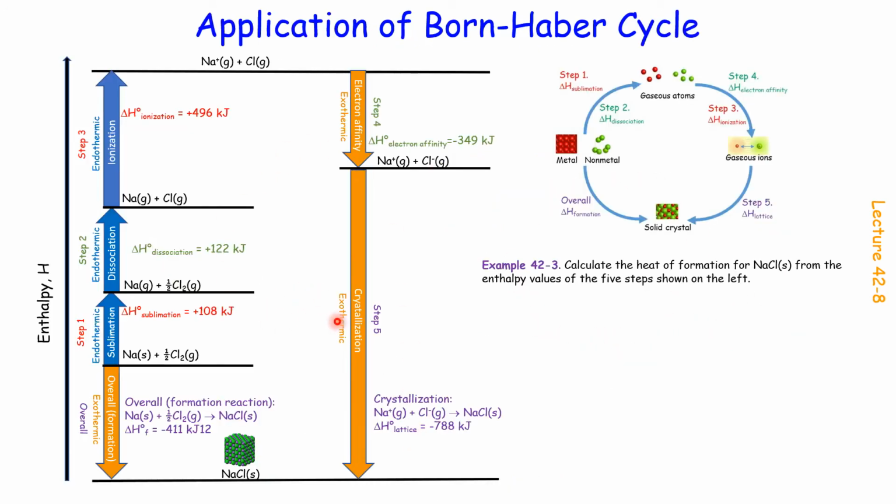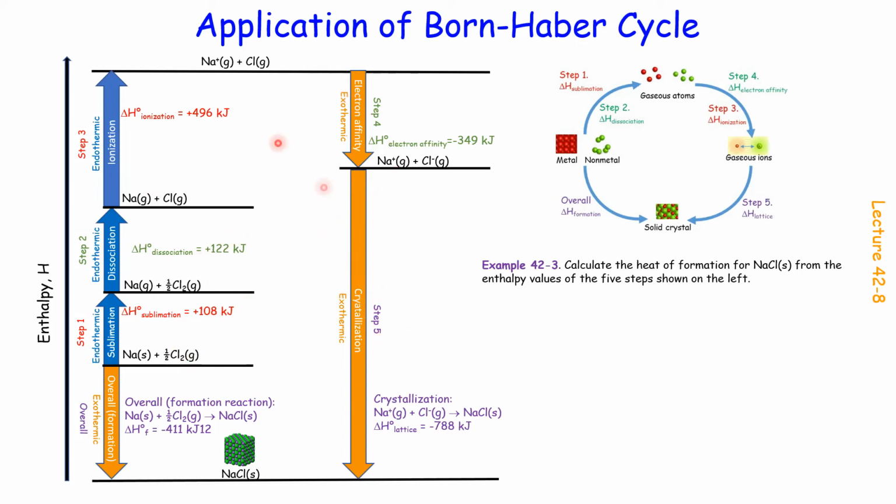Here is another way of showing the Born-Haber cycle for the formation of sodium chloride from solid sodium and gaseous chlorine diatomic molecule. And the ΔH for each individual step is given.